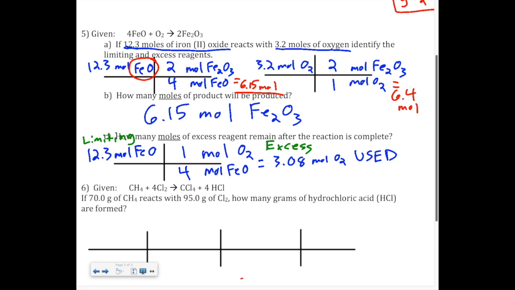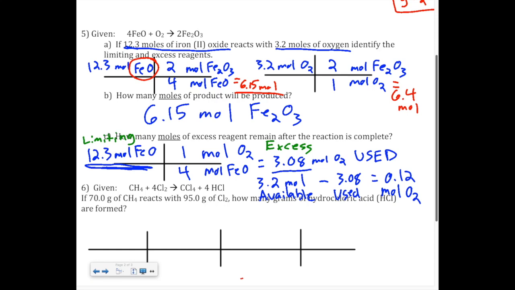Okay, that's helpful because this number is how many moles of FeO were used, and this number is how many moles of oxygen were used. Now that I know that 3.2 moles of oxygen were available, and I used 3.08 of them, I end up with 0.12 moles of oxygen left over.